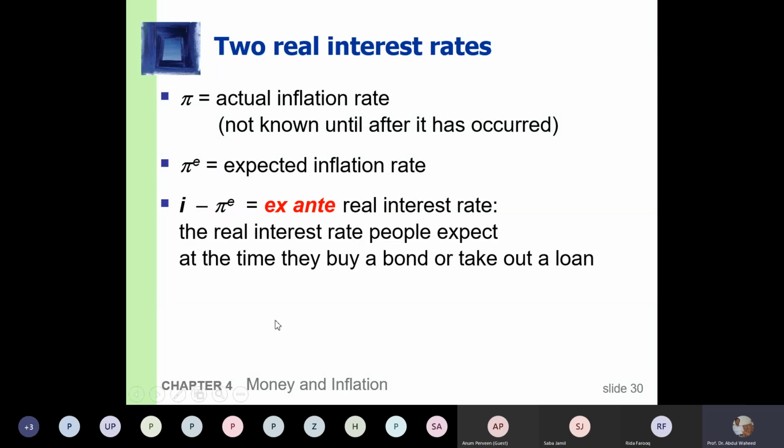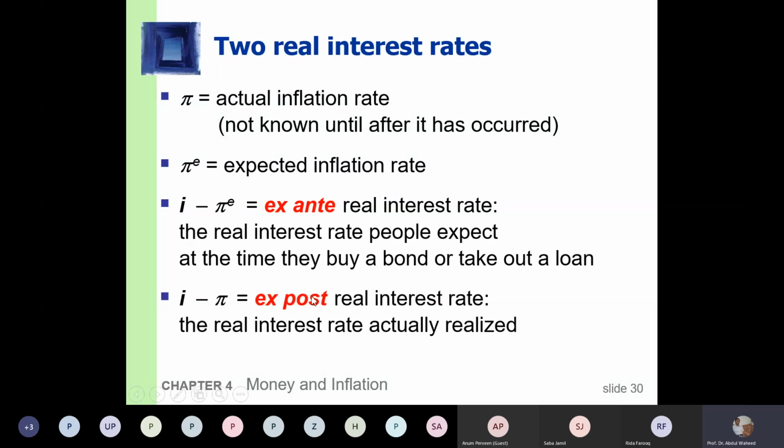Then we have the ex post real interest rate. This is the nominal interest rate minus actual inflation, the real interest rate which is actually realized. If I am expecting 8% inflation and actual inflation is also 8%, my ex post real interest rate would be 2%.